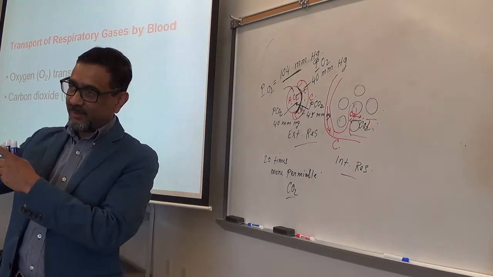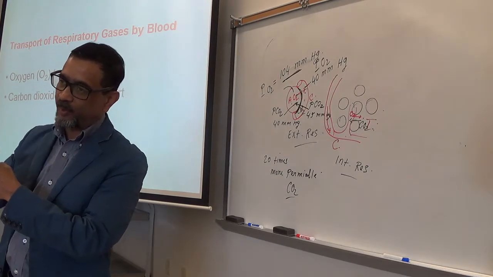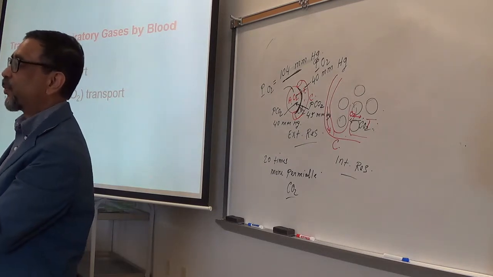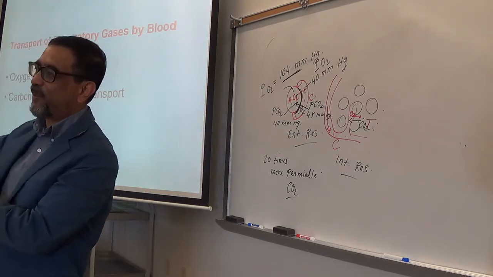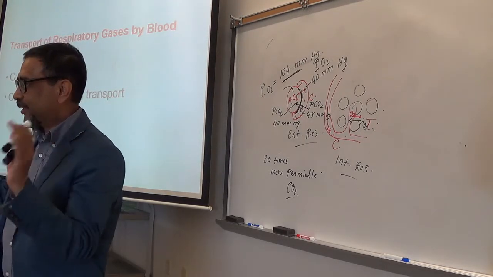So 98.5% of oxygen transportation occurs by the hemoglobin. So hemoglobin transports most of the oxygen, 98.5%. Only 1.5% is transported by the plasma. Is it clear? Okay.